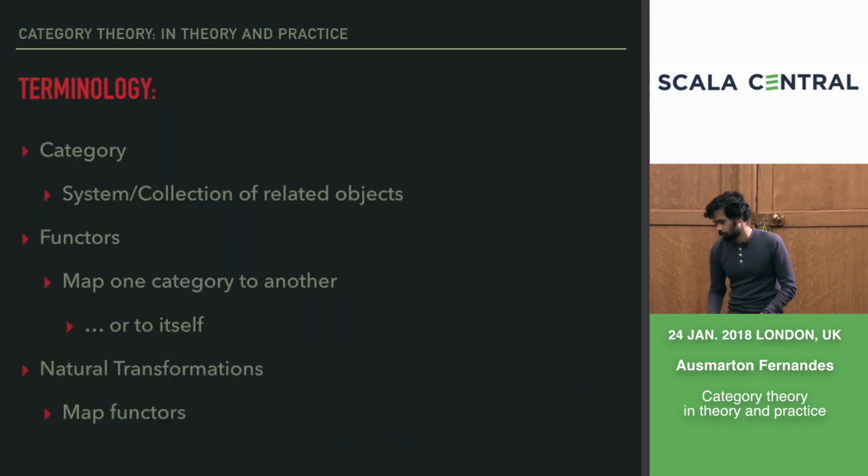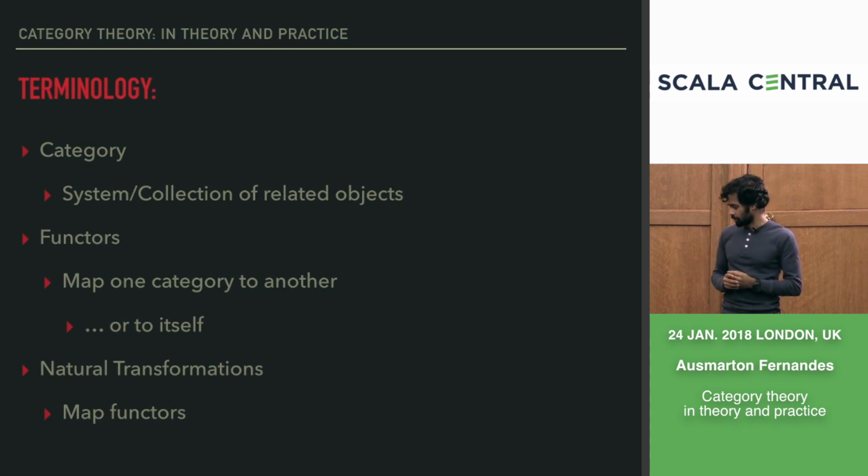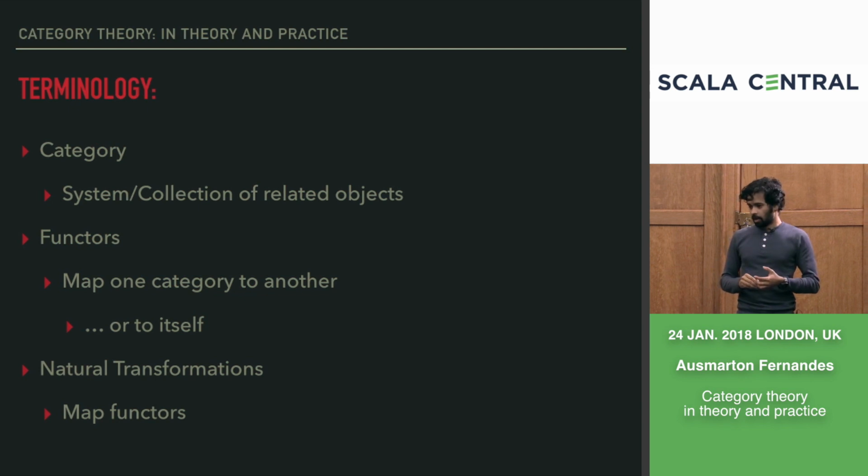So yeah, this is just the terminology which I wanted to cover before we move on. Category: we tend to think of categories as sets, but that's not necessarily what the categorical view of it is.